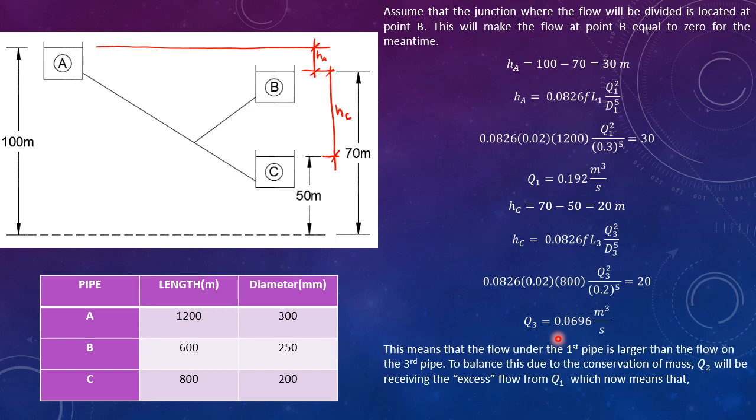This means that the flow under the first pipe, Q1, is larger than the flow on the third pipe, Q3. To balance this, due to the conservation of mass, Q2 will be receiving the excess flow from Q1, which now means that Q1 is equal to Q2 plus Q3.